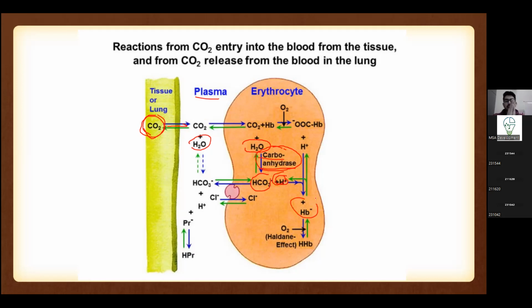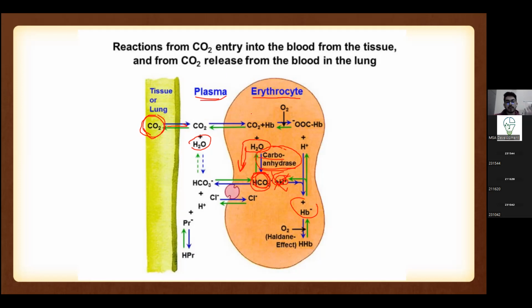Hemoglobin inside the erythrocytes is going to take up those H plus ions. When these H plus ions are removed, this is going to push the reaction in this direction and accelerate it. When this reaction goes faster, more HCO3 minus is going to be produced inside the erythrocytes than in the plasma.